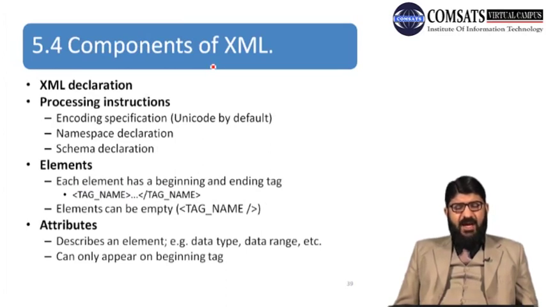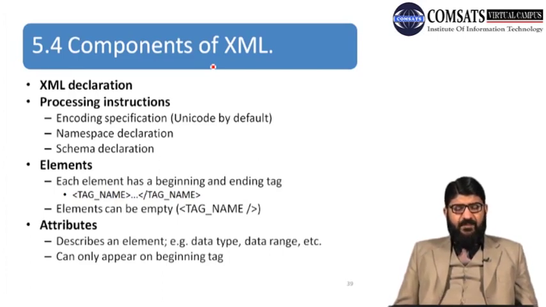Now, what are the components of XML? The first one is the XML declaration. For that, there is processing information, and Unicode is given by default as a processing instruction, but the namespace declaration and the schema declaration can also be used for particular purposes.